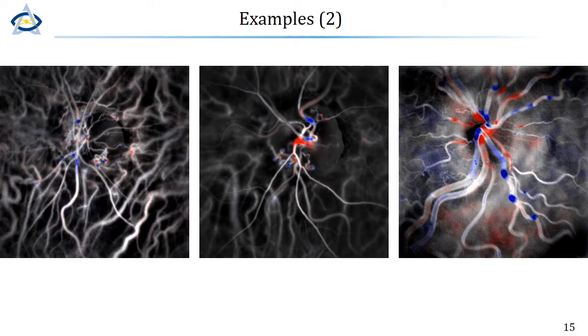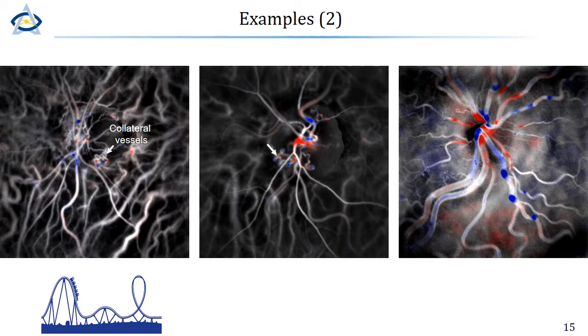Other interesting examples are cases of venous occlusions where you have collateral vessels that are formed to evacuate the flow that should be evacuated by the occluded veins. And in these vessels you see many red and blue spots, meaning that the flow is going upward and downward and upward and downward in these vessels.